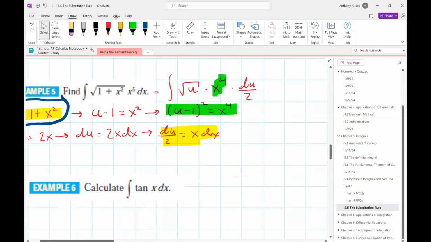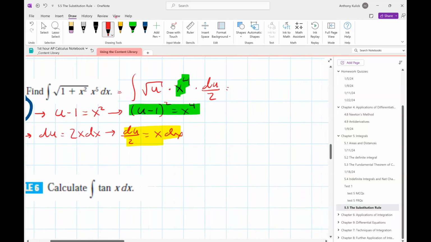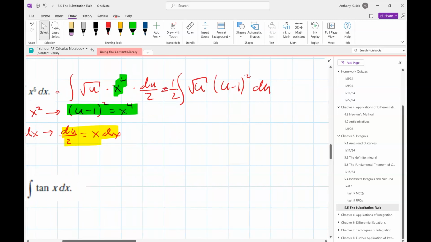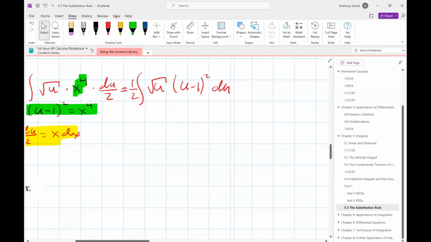That's my additional trick. So that gives me 1/2 the integral of square root u times u minus 1 squared du.